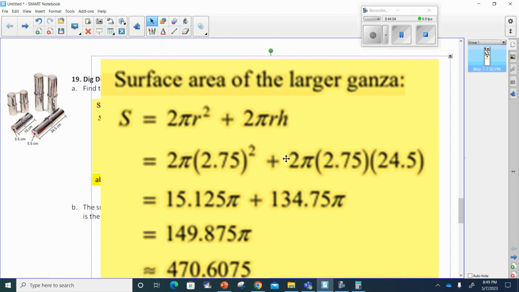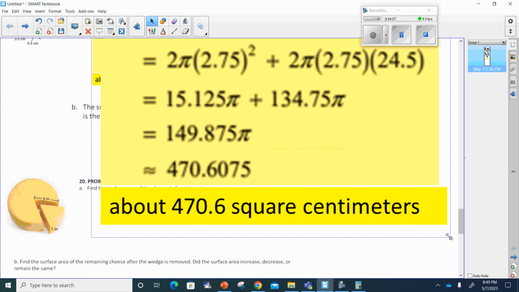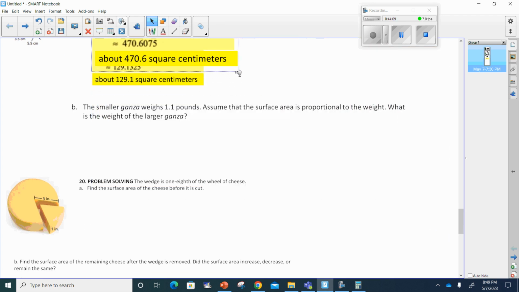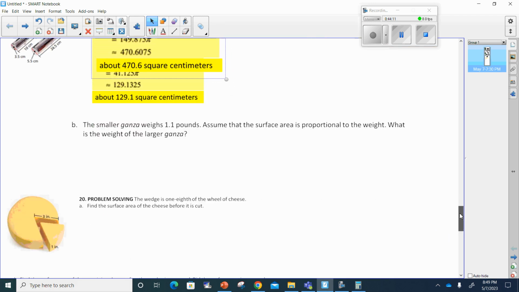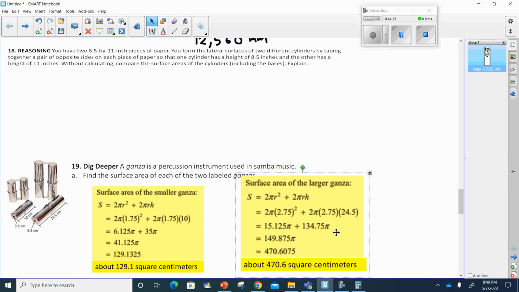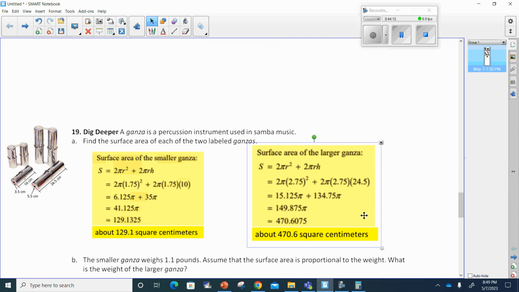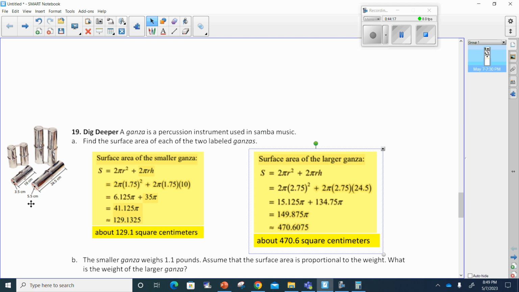So now we're going to go ahead and check out the other one. It's much of the same of what we did a second ago, but we're using the radius, which is half of 5.5, that's 2.75. And we're using the length, which is 24.5 over here.